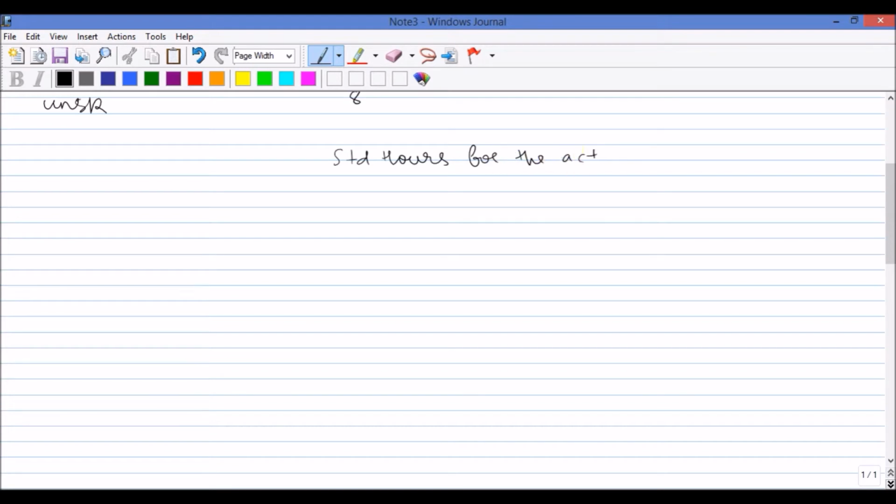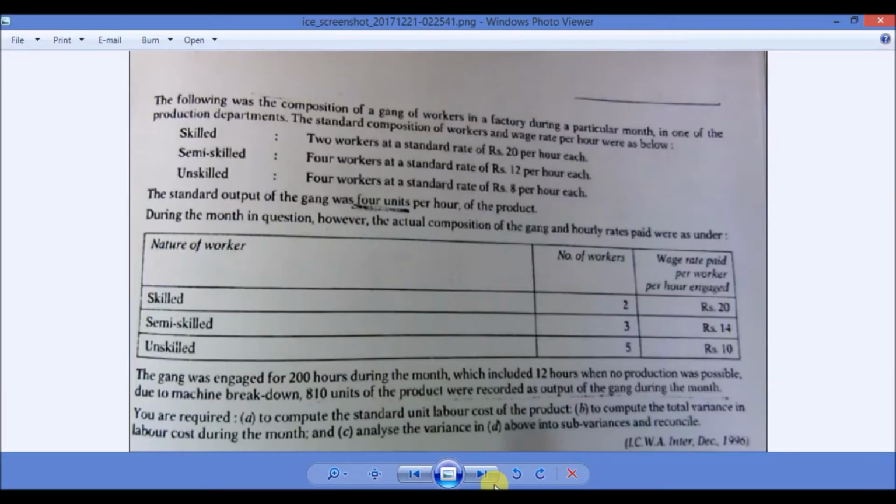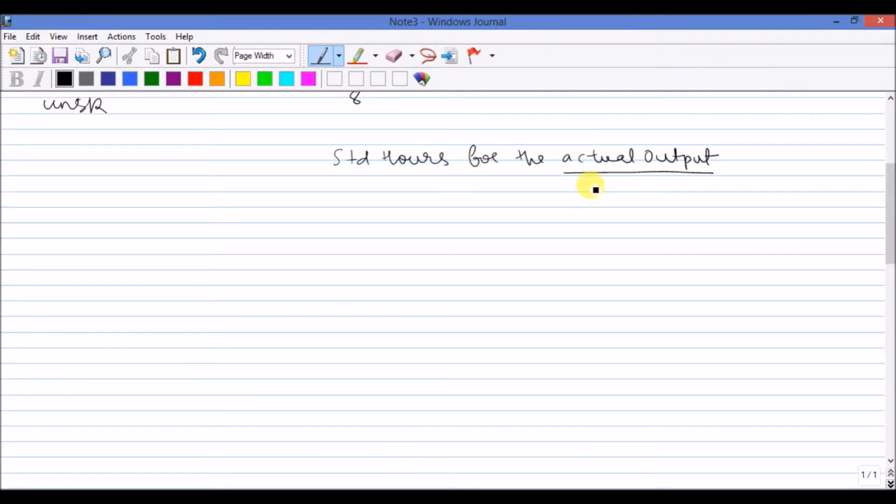Remember, for the actual output I need to find the standard hours. The actual output is 810 units of the product that were recorded as output.